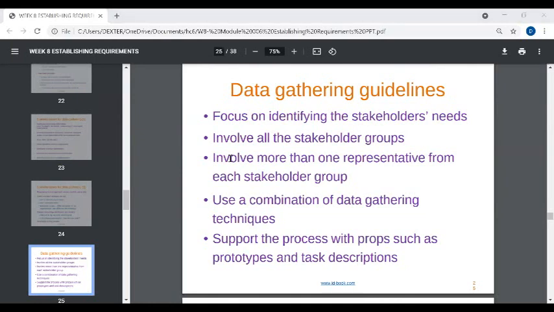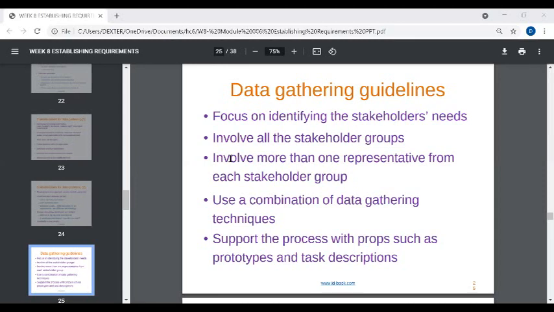Involving only one representative from each stakeholder group is not enough, especially if the group is large. Everyone you involve in data gathering will have their own perspective on the situation, the task, their job, and how others interact with them. So if you only involve one representative stakeholder, you will only get a narrow view.